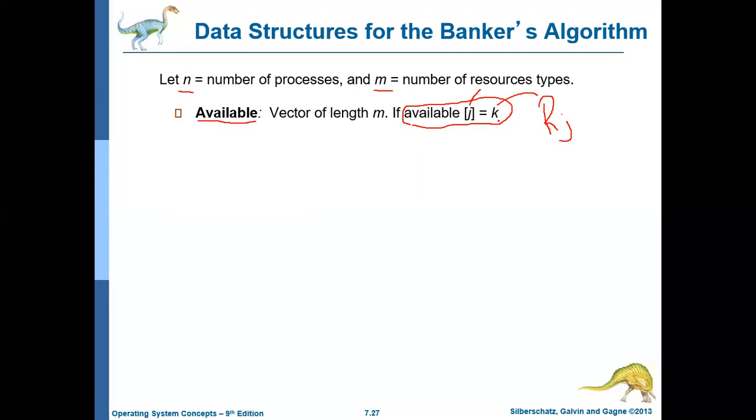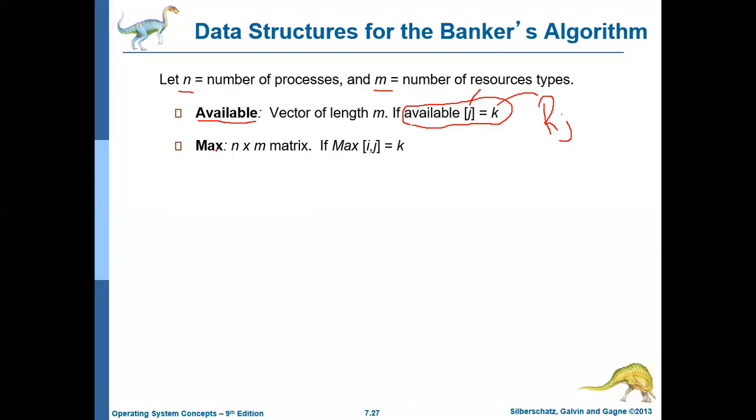That's what available of j equal to k means. So this is the first data structure. Available is the first data structure, which is a vector. Available of j equal to k means there are k instances of resource j available with the operating system.